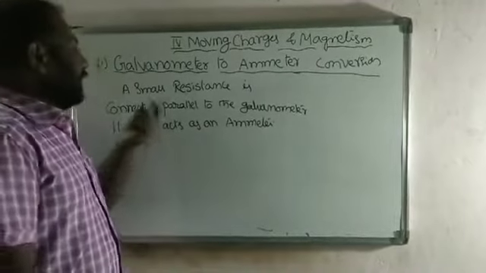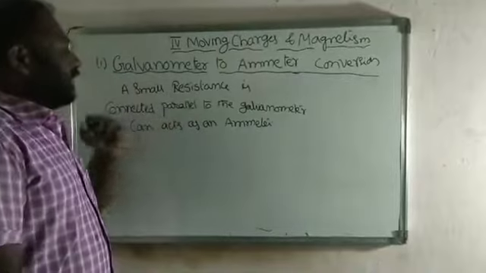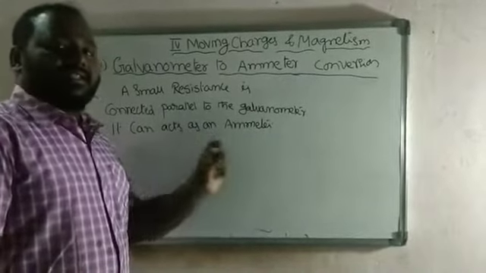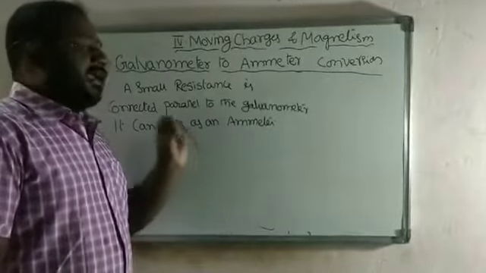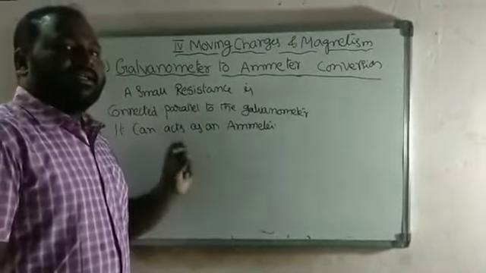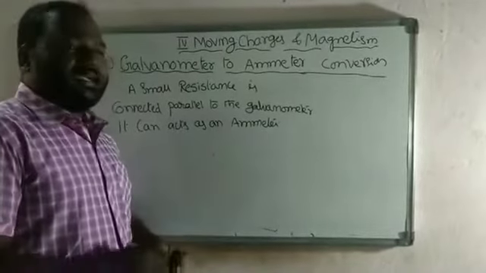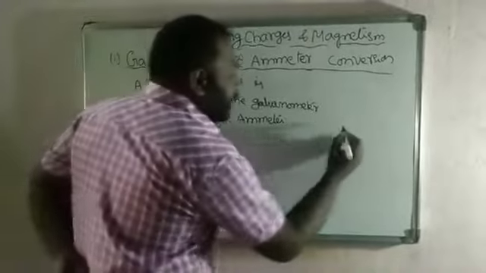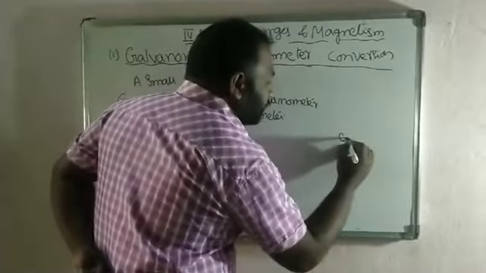Here, the small resistance is connected in parallel, so that resistance is called shunt resistance. A small resistance is shunted to the galvanometer, then the galvanometer can act as an ammeter. See how it acts as an ammeter.